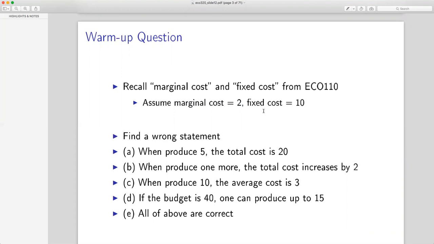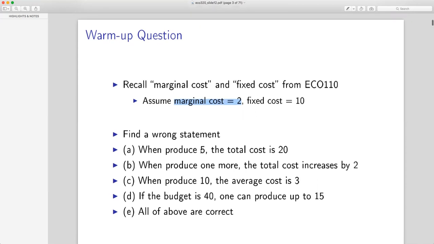The idea was that fixed cost doesn't change no matter how many products you're producing, right? But marginal cost is the additional cost you need to pay for every unit you increase. So the number of products matters for total cost through marginal cost, but not for fixed cost.